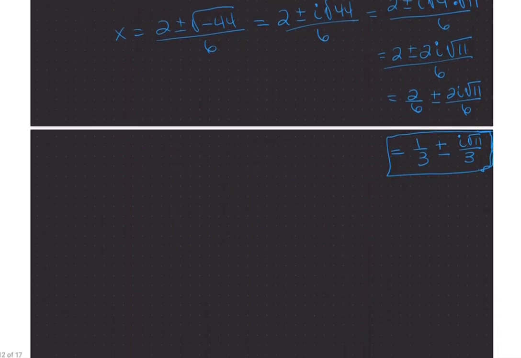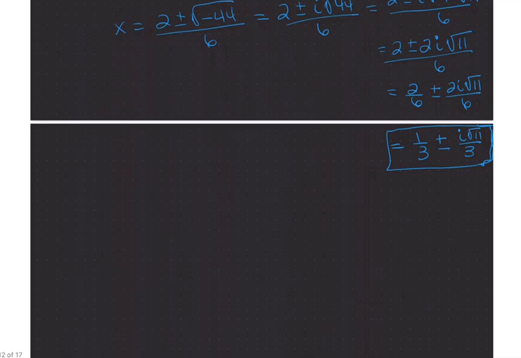Sometimes, just real quick, they'll give you a quadratic and they'll write it as, let's say, 3x squared equals 4x minus 6. And in order to put that into the quadratic formula, you need to know your a, your b, and your c. So it has to be in standard form. Standard form is ax squared plus bx plus c equals 0.